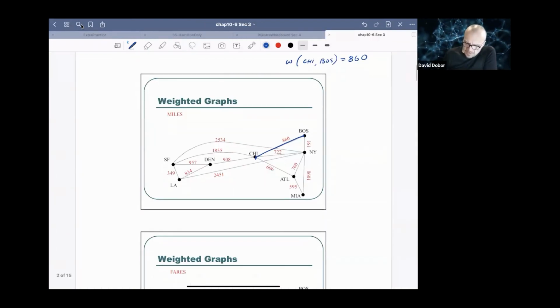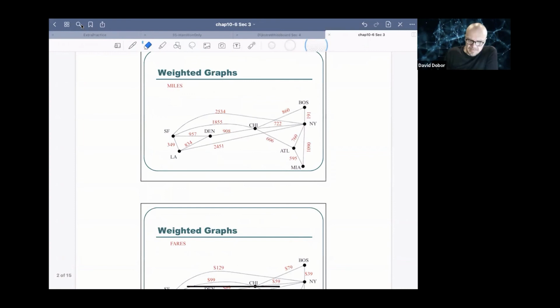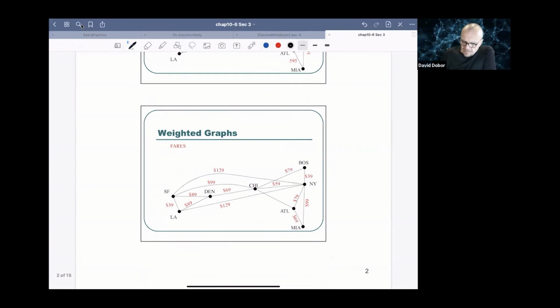So here, for example, what's the weight of the path? Let's take something with smaller numbers. By the way, what numbers you attach to the edges depends on the context and the problem at hand. So for example, in this graph here, the weights attached to the edges are distances. Or you can have weights attached to the edges that are the costs of those flights.